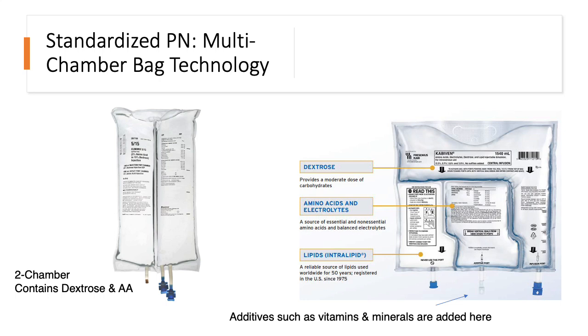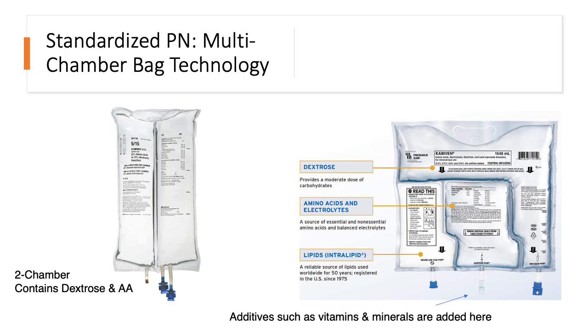Here's an illustration of a two-chamber bag that contains dextrose and amino acids versus a multi-chamber bag that has dextrose and amino acids and lipids, and this particular example also has electrolytes that are already all pre-mixed. So it provides a constant amount of amino acids, dextrose, and a baseline electrolyte profile for easy standardization.